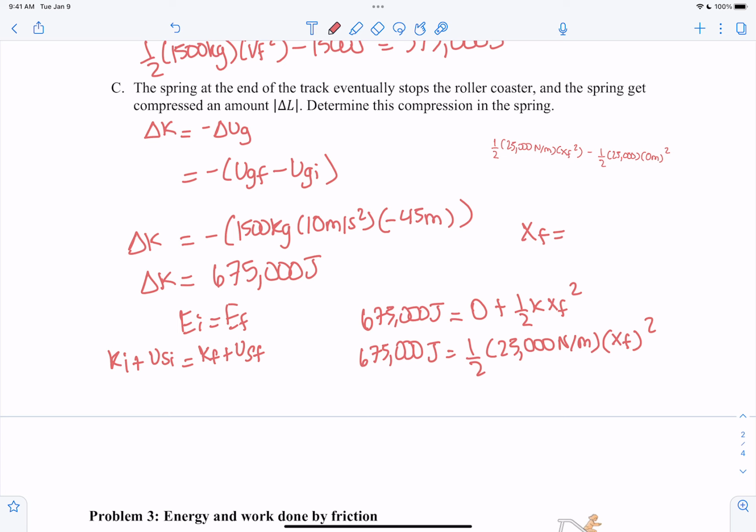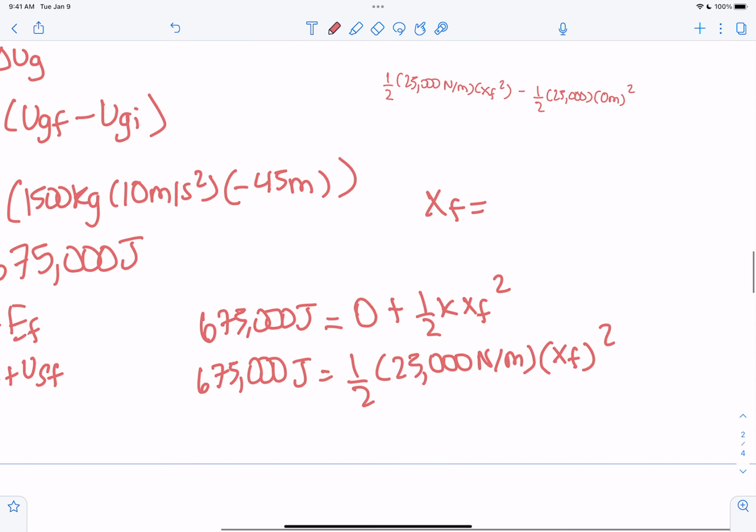Okay, 675,000 times 2 divided by 25,000, and take a square root. I believe you should get somewhere around 7.4 meters or so. Let me double check just to be sure. Yep, I got 7.36 is what I got exactly. So yeah, 7.36 meters. It's about right.